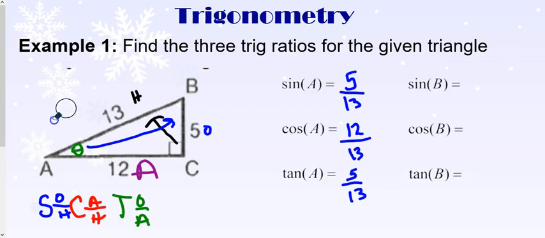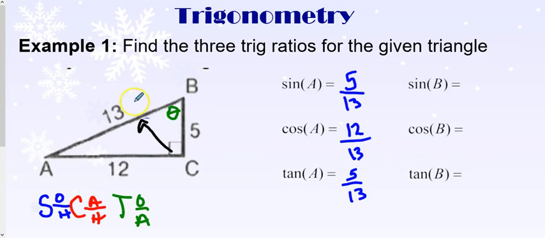All right, now we want to do it based off of B. So I'm going to erase my markings, and I'm going to change where my theta is. And then I'm going to mark it again. Across from my right angle is always H. Between the given angle and my right angle is A. And across from the given angle is O. So sine is O over H, so 12 over 13.